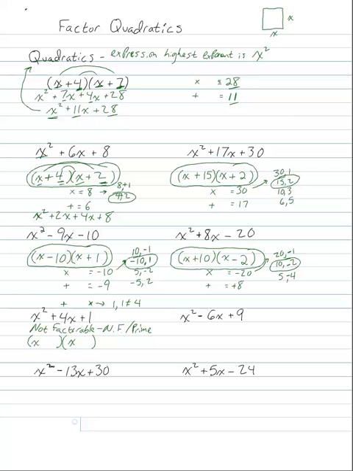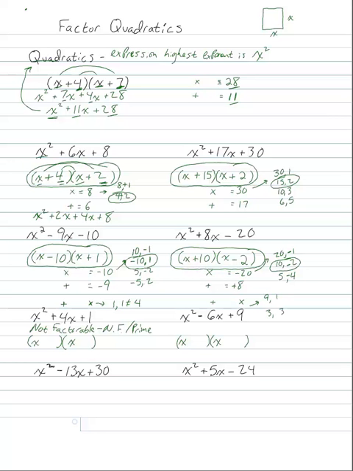Say we got x squared minus 6x plus 9. Again, trying to factor it. Multiplying to x squared, so that'll be x and x. Need to multiply to positive 9, add to negative 6. I'm going to write out everything that multiplies to 9. I got 9 and 1, 3 and 3.